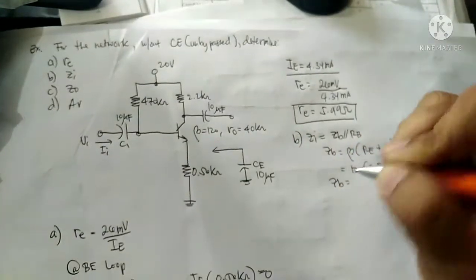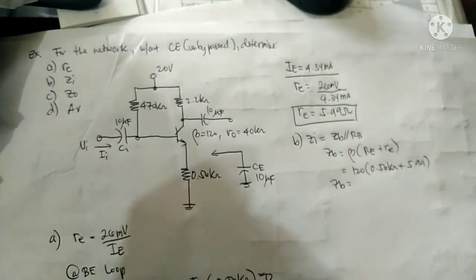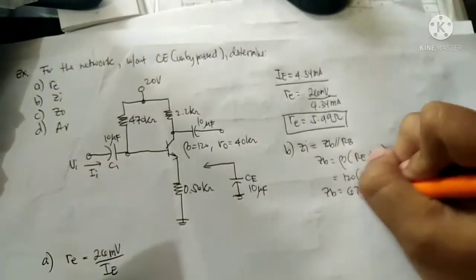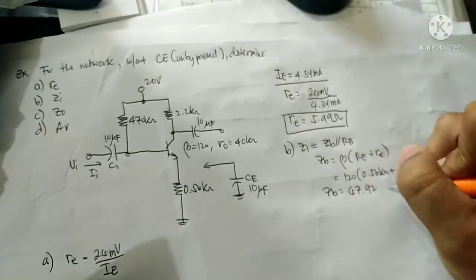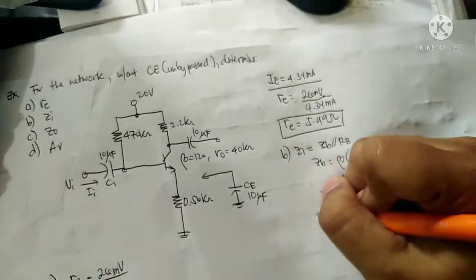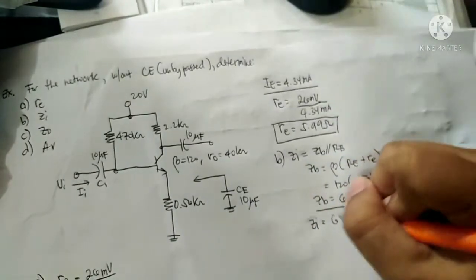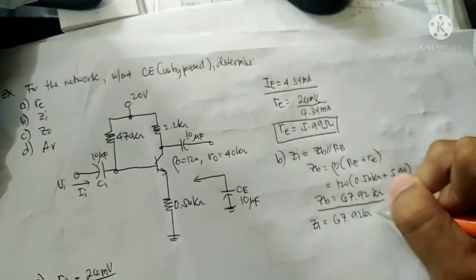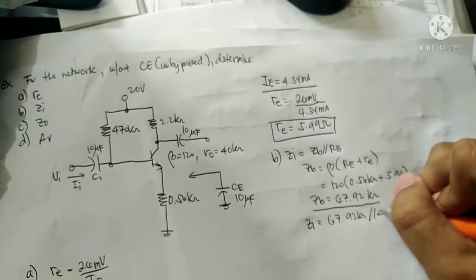So Zb is equal to 120 times 0.56 plus 5.99. This is equal to 67.92 kilo ohms. So Zi is equal to 67.92 kilo ohms parallel with 470k.